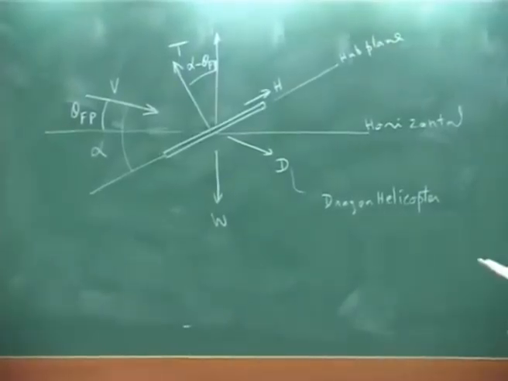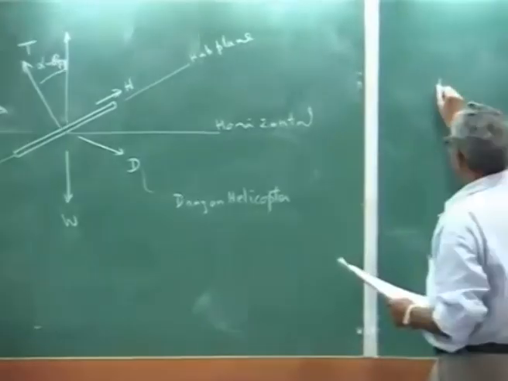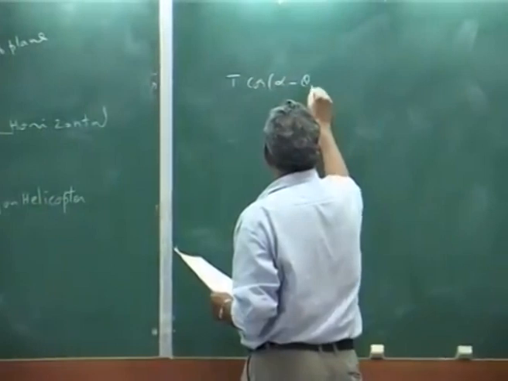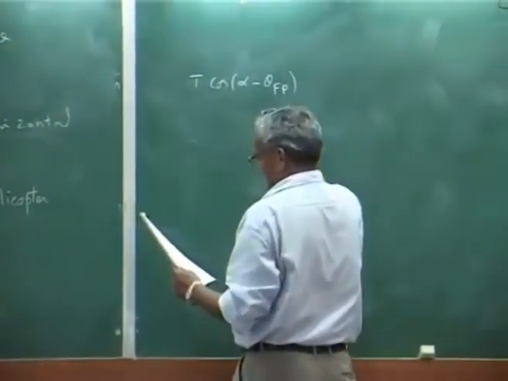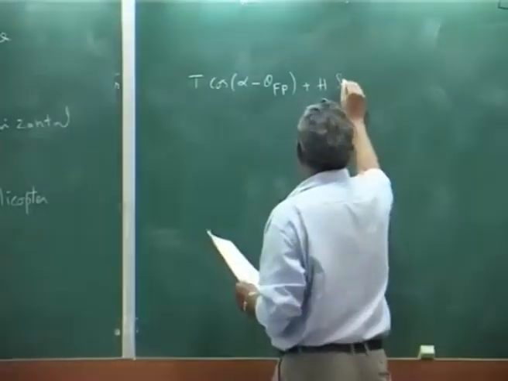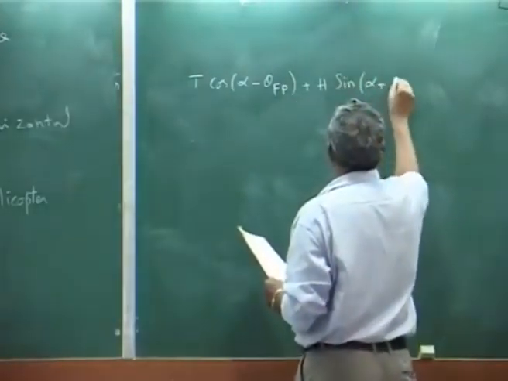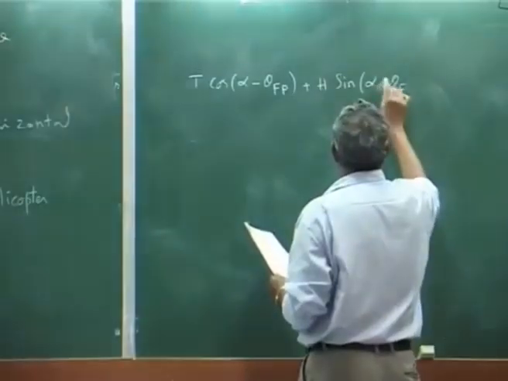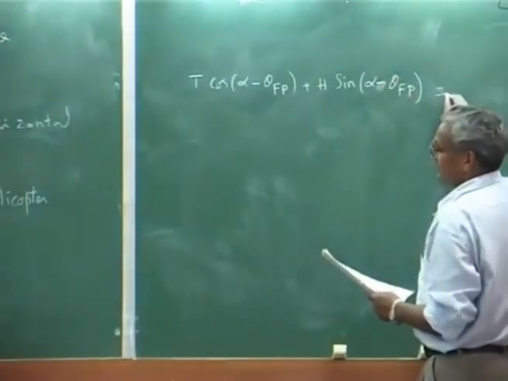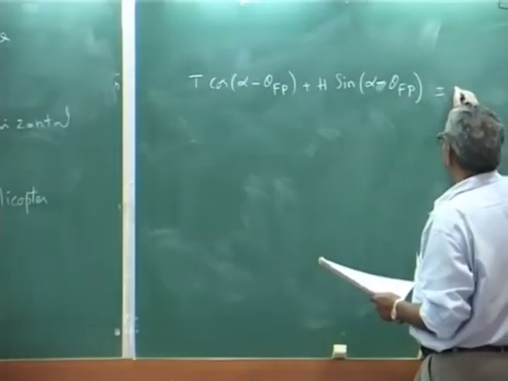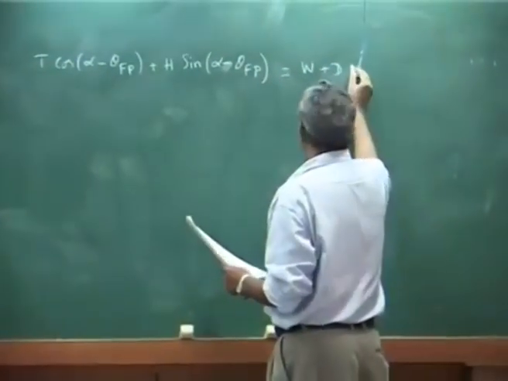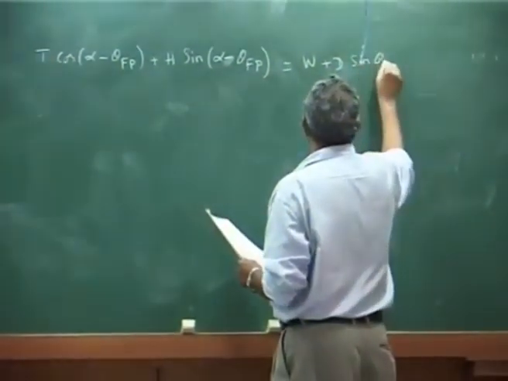So, let us write the equilibrium in the vertical direction: T cosine theta f p plus H sine theta f p, okay, this is equal to W plus D sine theta f p.